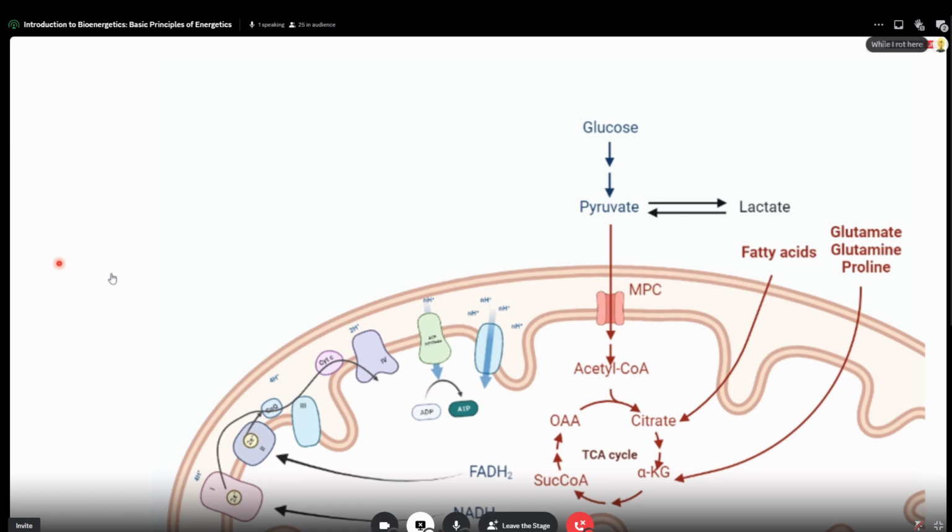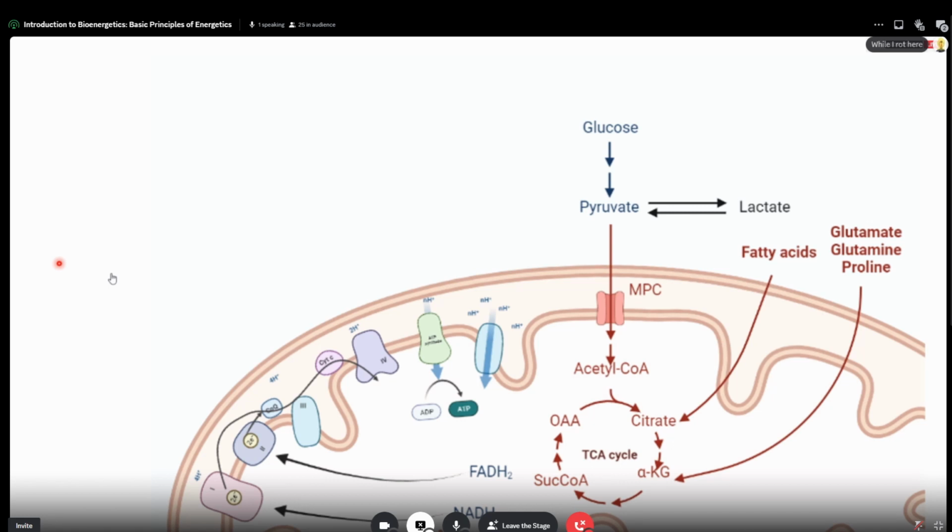Autophagy is where the cell is breaking down some of its components, either as a protective mechanism or when it doesn't require certain organelles or proteins anymore. So autophagy is also dependent upon the proton gradient itself. These are just some processes that are dependent upon the function and the dissipation of the proton gradient.